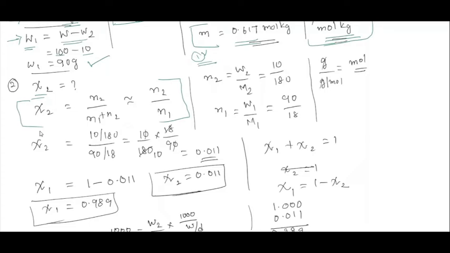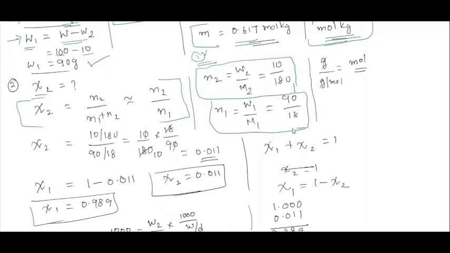So N2 we know already, N2 is nothing but W2 by M2, which is nothing but 10 divided by 180, is it not? Now you can substitute. So chi 2 is equal to, what is this, and the N1, let us find out N1.